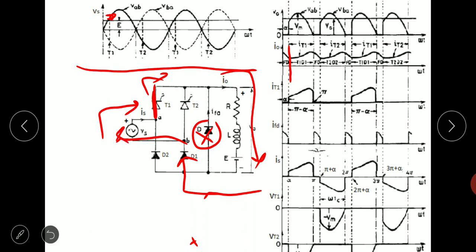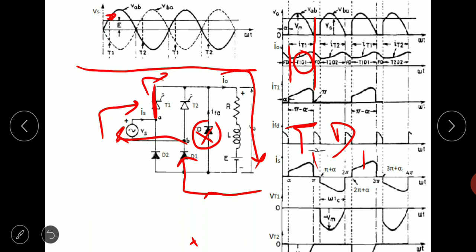So when the supply is positive, that means from alpha to pi, the conduction will occur through thyristor T1 and diode D1.